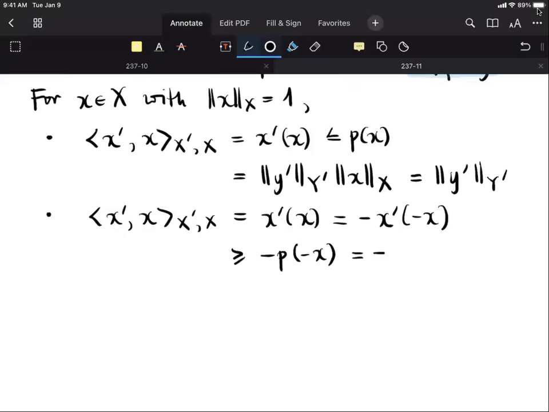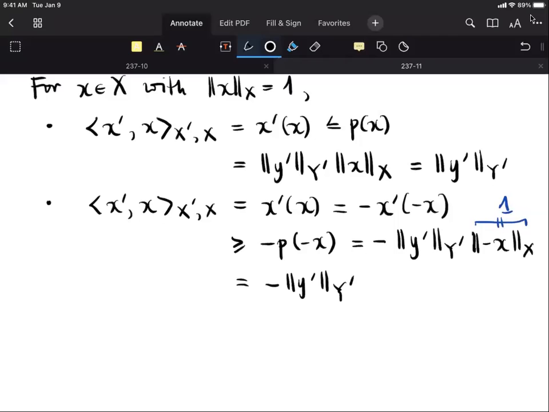And by definition, this is negative the dual norm of y prime and the norm of negative x. But of course, this one, applying homogeneity, is also equal to 1. So this is equal to negative of the dual norm of y prime.